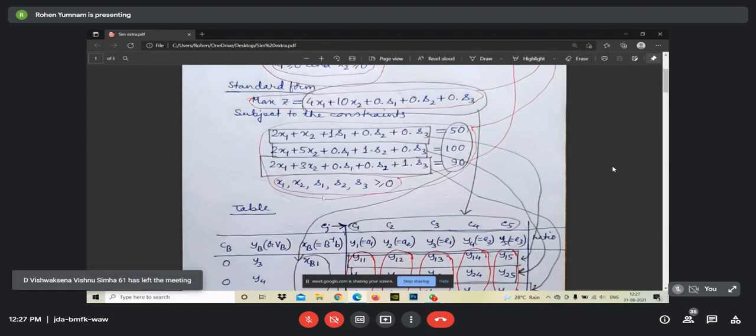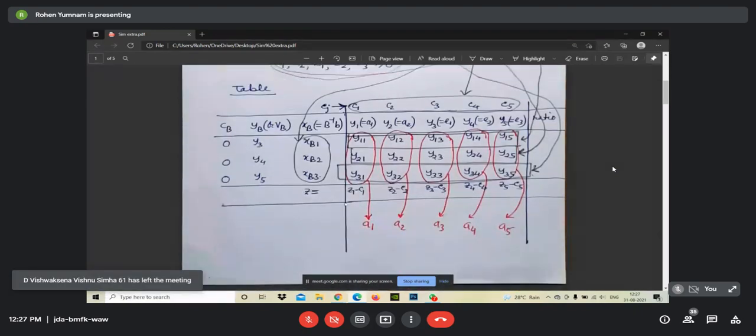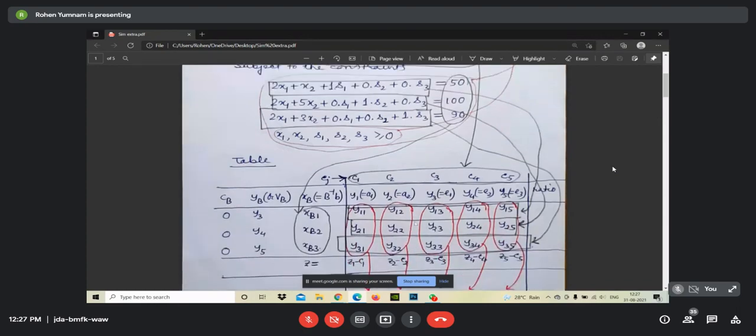The first table is what I'm writing here. The variable names and other details are already given in the algorithm, but now let us try to understand it one by one. Here it is Cj: C1, C2, C3, C4.